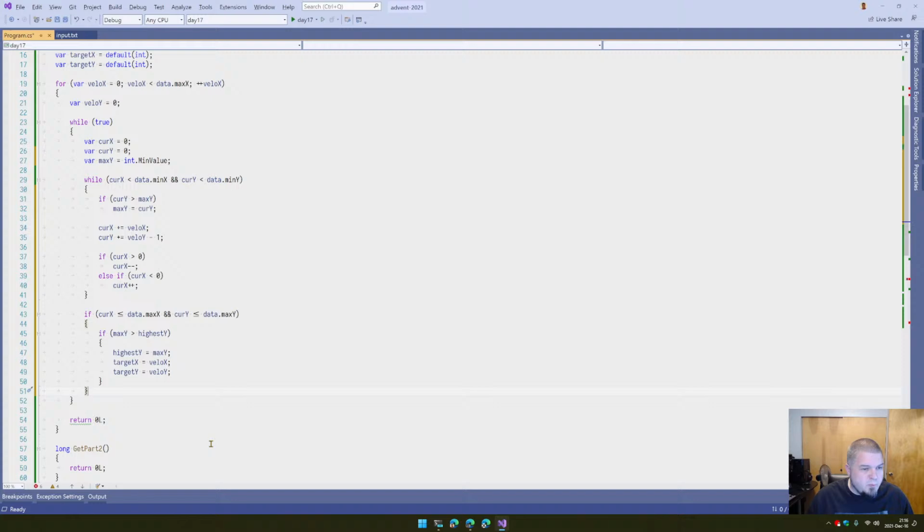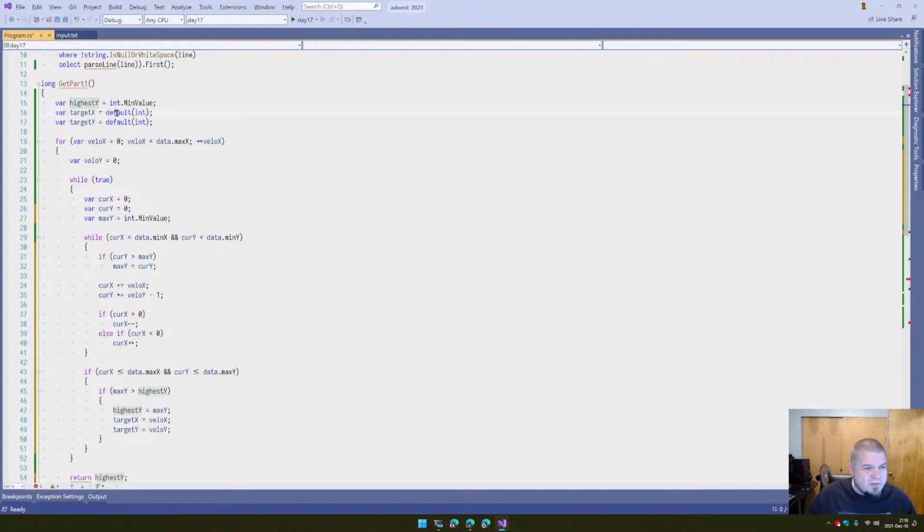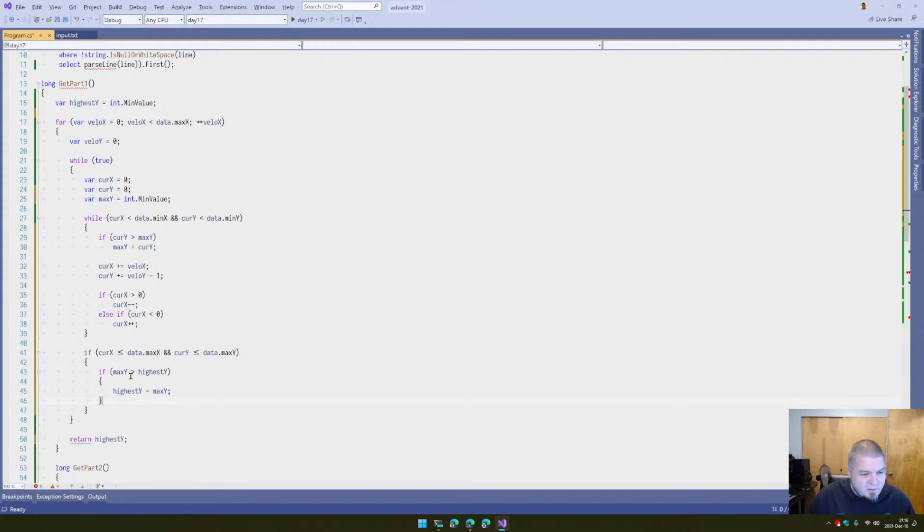we also need to find a way to break out. And we're going to return the highest y. I don't actually think I need the target. In fact, I'm pretty sure I don't. So we also need to know what our breakout case is. So otherwise, if we have broken one boundary but not both.